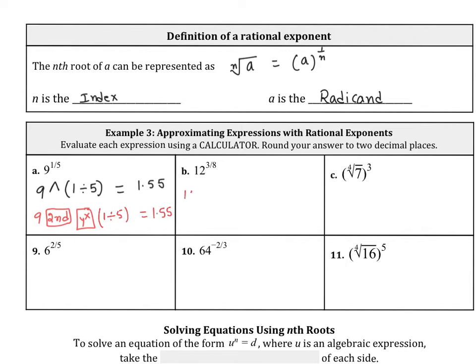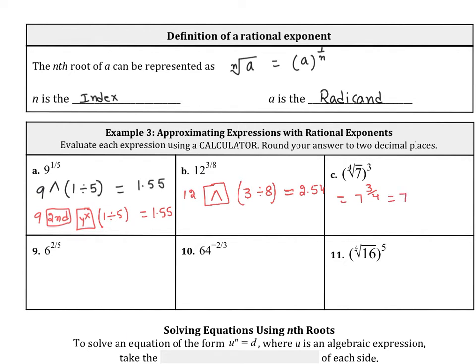So 12, you press the button, this one, to the power 3 divided by 8. Using calculator, you're going to get the approximate answer 2.50. Again, this one is going to be 7 to the power 3 over 4.